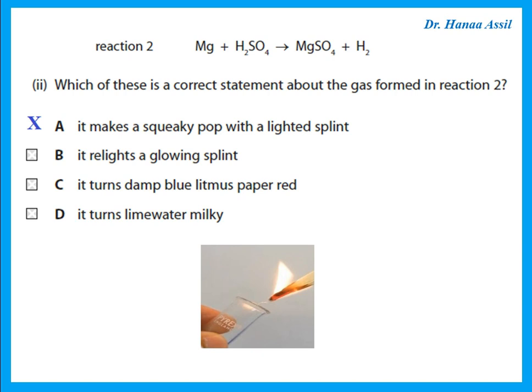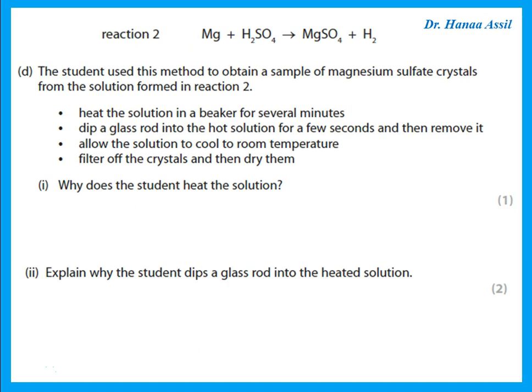That's talking about oxygen. Turns damp blue litmus to red? That's any acid, actually. Turns lime water milky? Which gas turns lime water milky? That is carbon dioxide. So hydrogen makes a squeaky pop with a lighted splint.